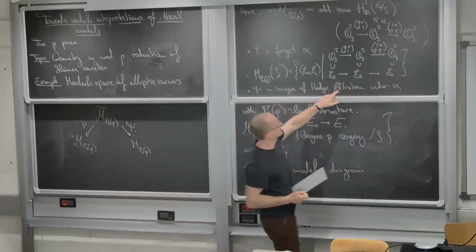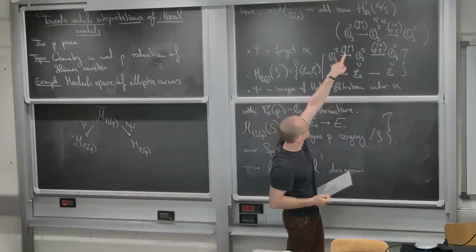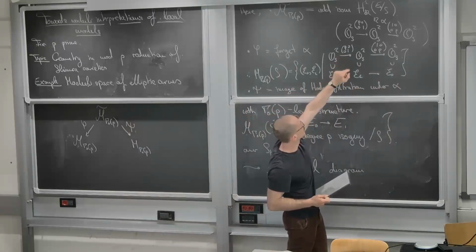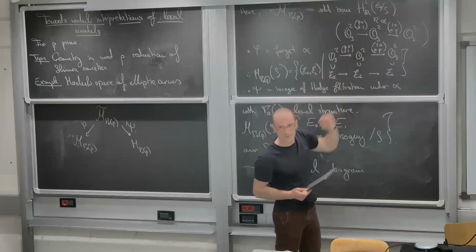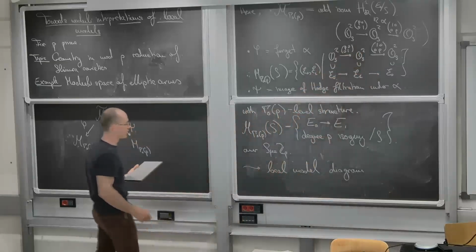So the Hodge filtration in this case gives you locally rank 1, locally a direct sum of the Rham homology, and it will give rise to such spaces here. You get a lot of those.